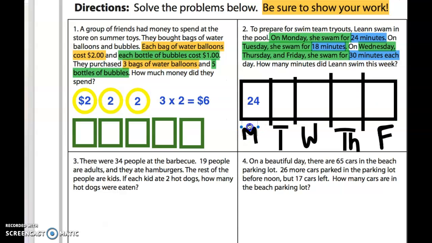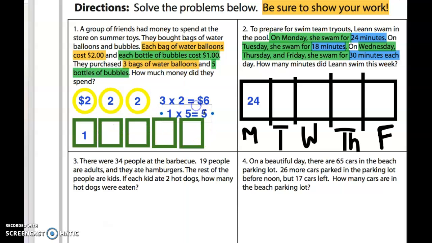Oh, can't move that side. And I know 1, 2, 3, 4, 5. So I could have just written 1 times 5, because 1 times 5 equals 5. Or 1 plus 1 plus 1 plus 1 plus 1, 1, 2, 3, 4, 5 equals 5.